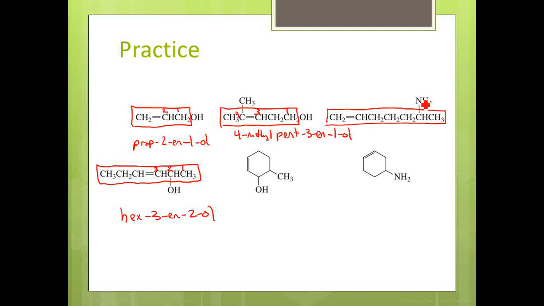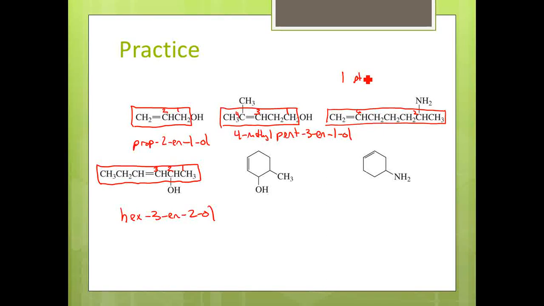One we skipped up here is an amine, because it has that nitrogen on it. Now it is just an NH2, so we'll have none of the substituents coming off of a capital N, but we do have to keep in mind that the nitrogen has a higher priority over the double bond. So that's at the 2 position, 3, 4, 5, 6.